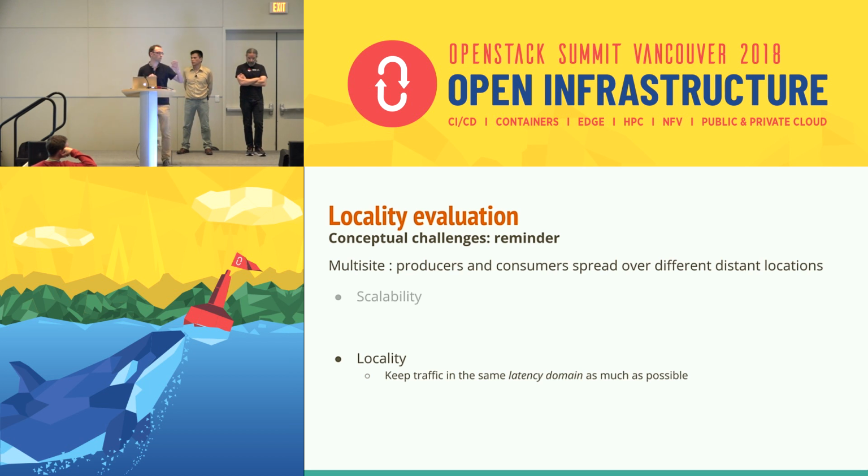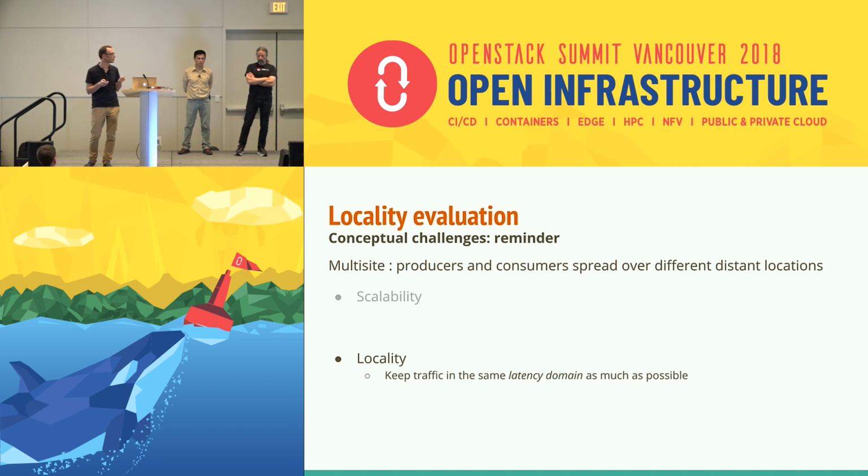So we'll review some strategies that you can use when you want to deploy a multi-site message bus. And then we will see that there is something unique in the router that can give you a strict guarantee, or strong guarantee, on the locality of your message delivery.